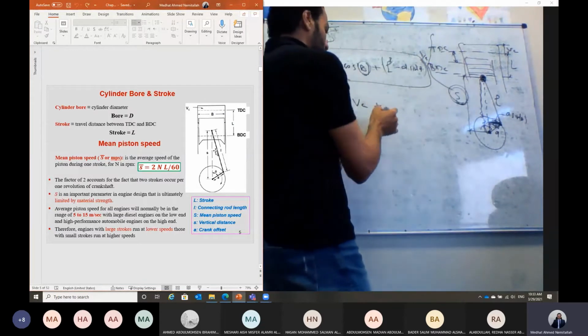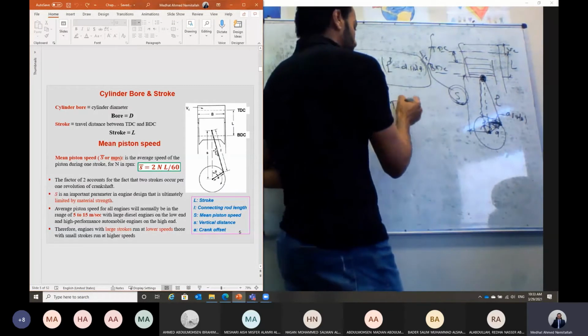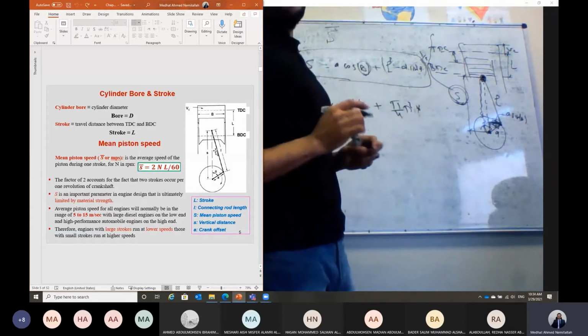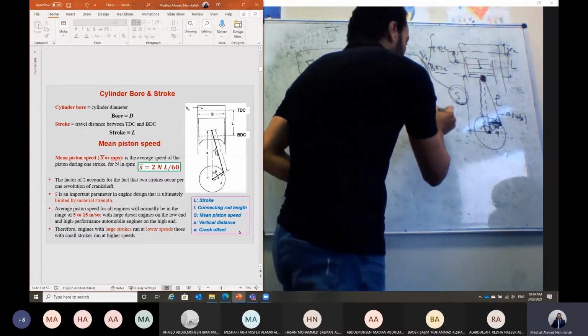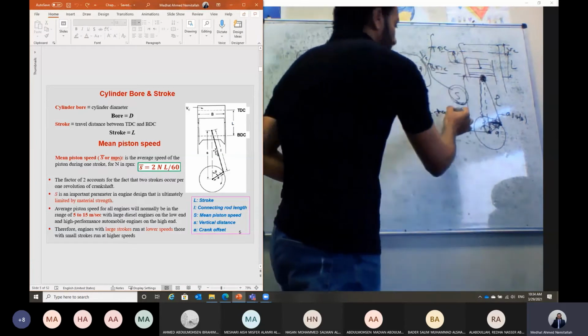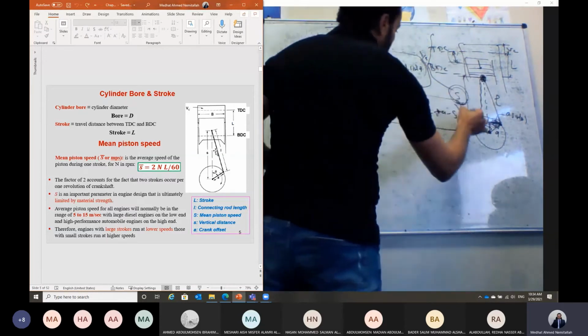And the volume of the cylinder at any angle will equal the clearance volume plus the volume swept, which is pi over 4 d squared multiplied by the distance. This distance, when the piston is moving down, should equal L plus A, when the piston is at the top dead center, minus the distance S at any angle theta.